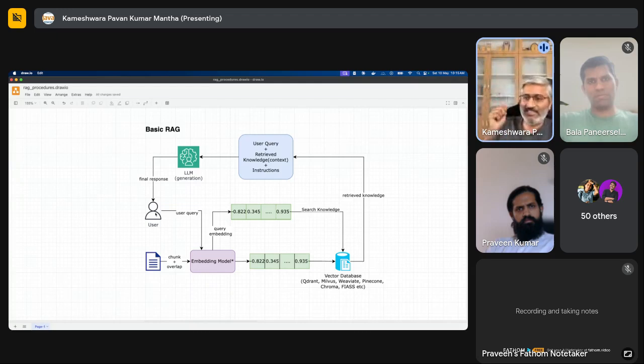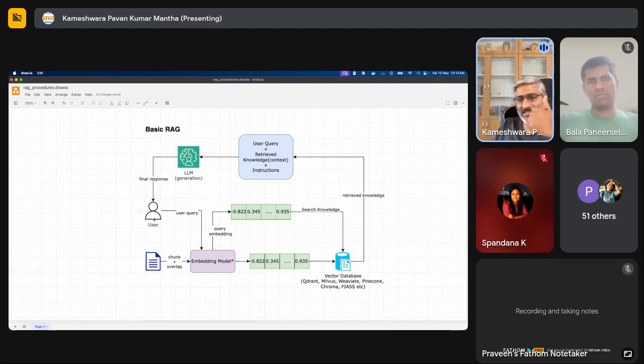Still, I didn't touch what is the RAG definition or the RAG expansion, but let me explain, and then I'll connect that with the RAG expansion. Let's say, as a user, you're asking some query, and you have too much domain specific knowledge at your desk. That knowledge I'm representing as a document here.